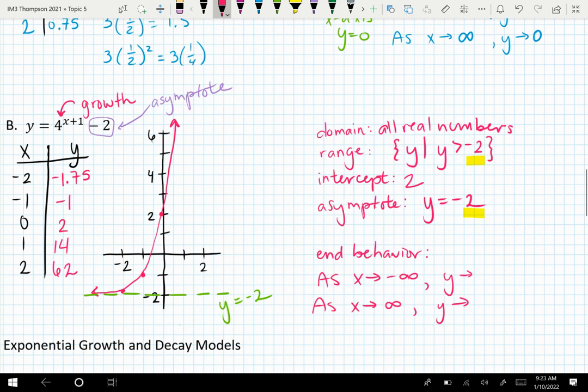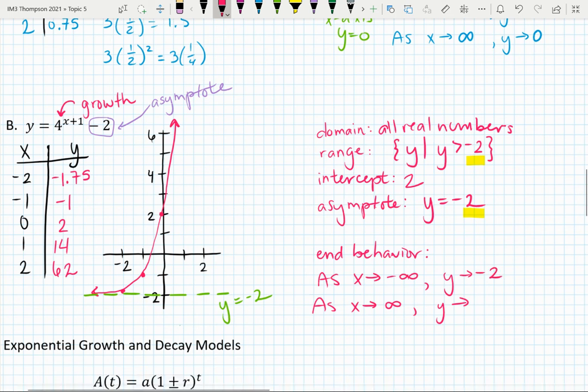What happens vertically? Does it shoot up, shoot down, or level out? Well, it levels out right here at -2. y goes to -2. You'll notice that's not a 0. It's the same number for the asymptote and the range. As I go x to the positive values, what happens vertically? It shoots up to positive infinity. So I get a positive infinity over here.